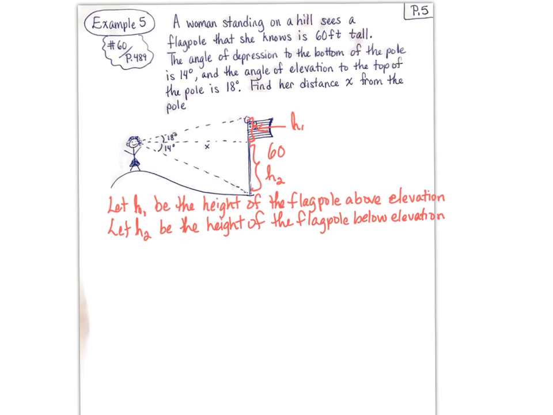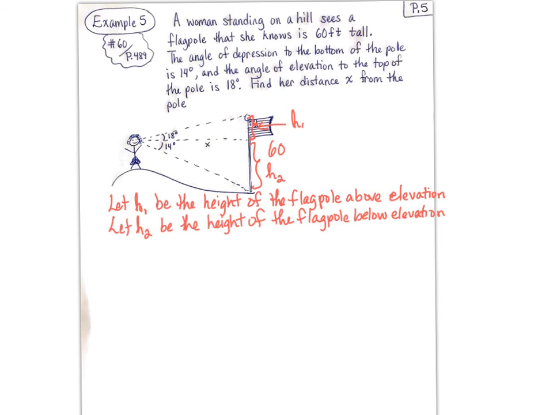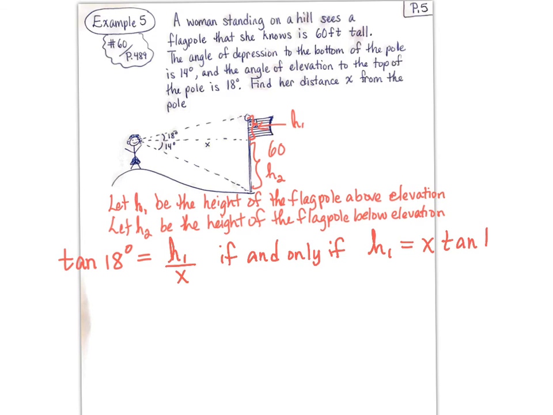Now we know that tangent of 18 degrees is equal to your opposite over your adjacent. So it would be H1 over X. But that happens if and only if H1 is equal to X times tangent of 18 degrees. That's multiplying both sides by X.